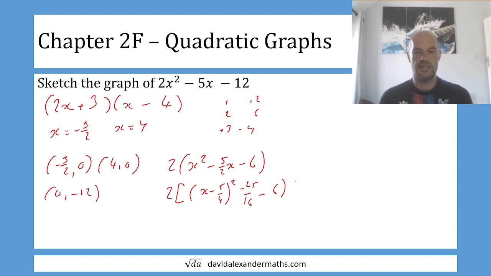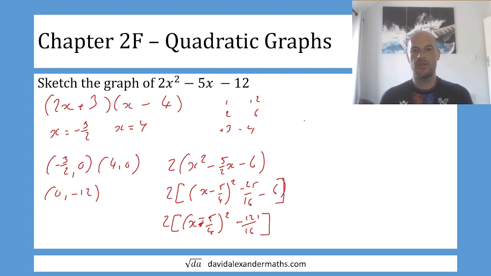And what is minus 25 divided by 16, take away 6? Let's write this out. That's going to be 2, oh, I've got my brackets a bit messed up again. So that's going to be 2 big bracket x minus 5 over 4 squared minus 121 over 16, close big bracket.